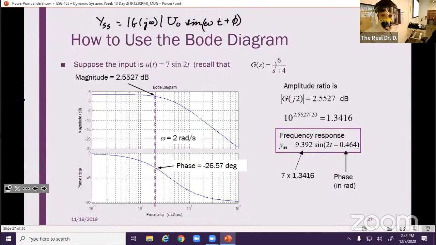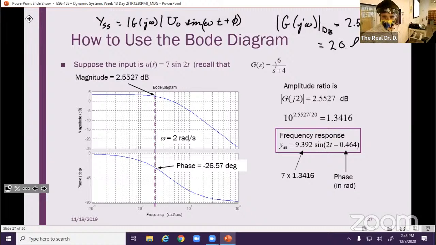I know that G of j omega in dB is 2.5527. This should be equal to 20 times the log of G of j omega, the original magnitude.